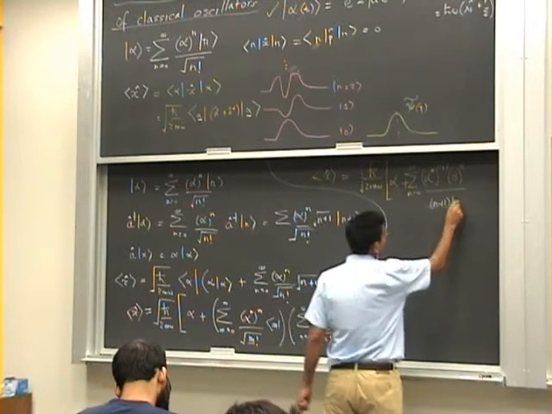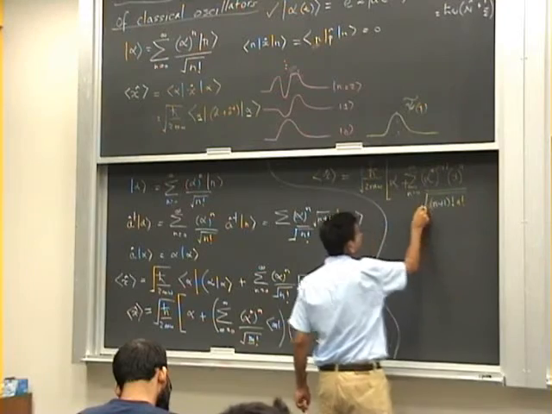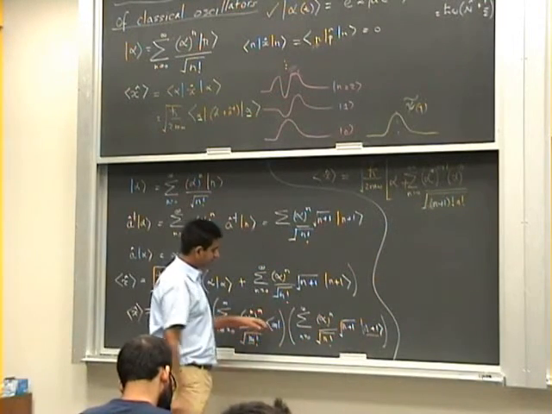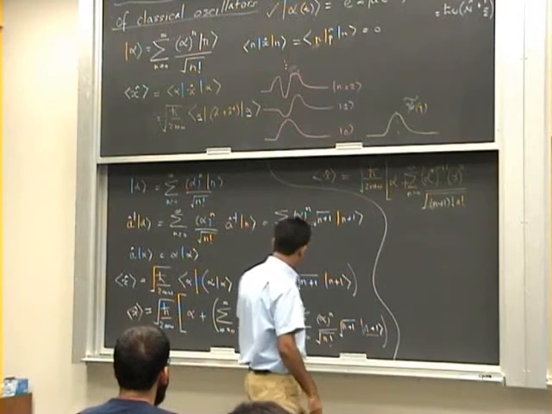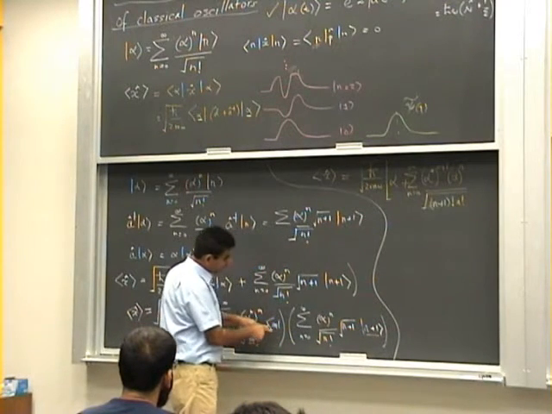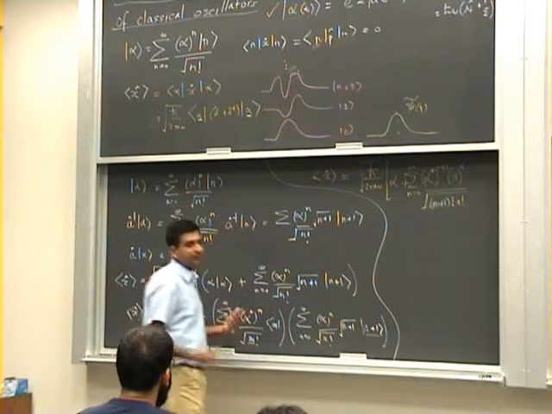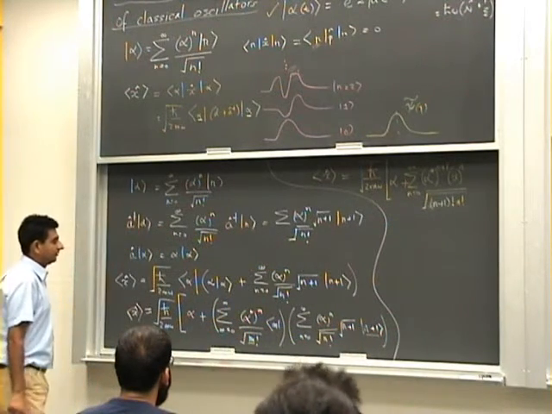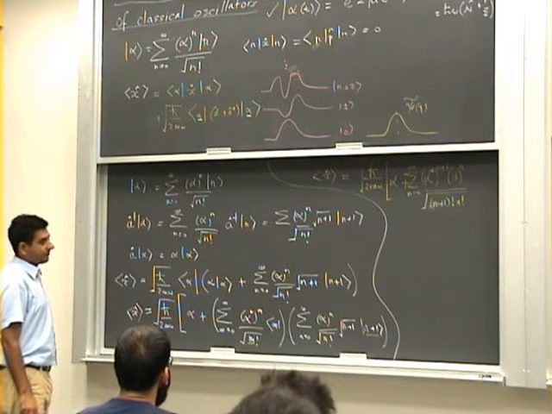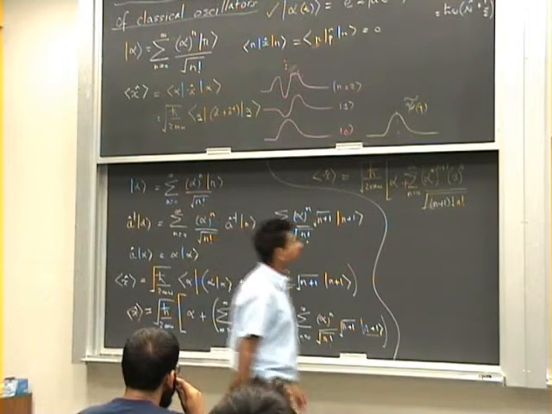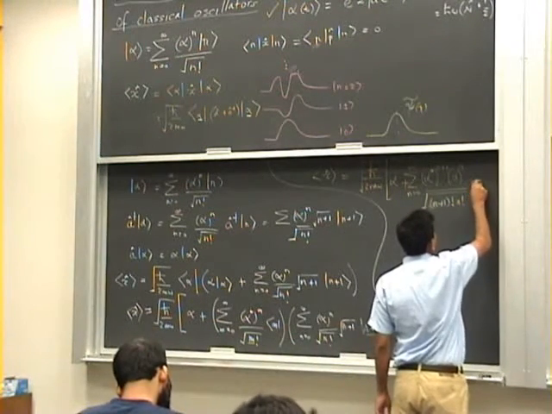This is n factorial here under root, and inner product of, so it only exists when m equals n plus 1, and when m equals n plus 1, this inner product is just unity. And then there is the square root of n plus 1.